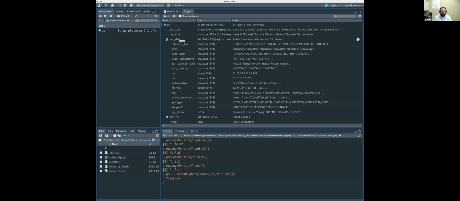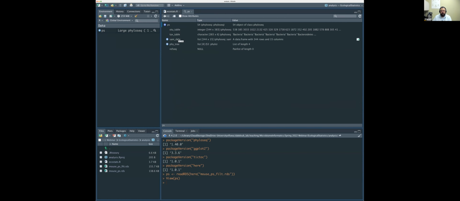The sample data table inside of the phyloseq object is equivalent to the QIIME metadata table, if you're more familiar with QIIME. It's just a table of information about each sample, where each row is a sample and each column is some information about the samples. And last, it has a phylogenetic tree embedded inside of it that you can use if you need it.